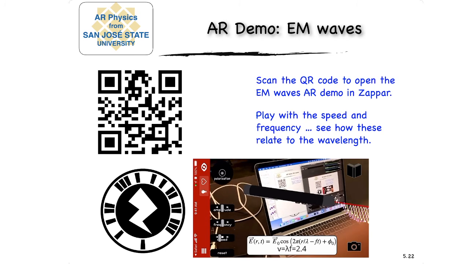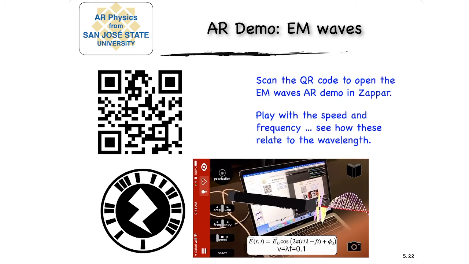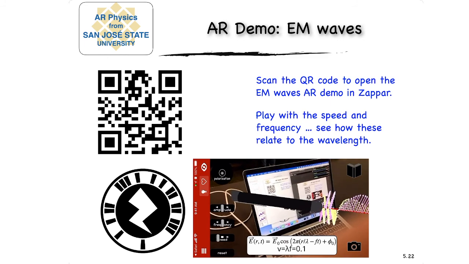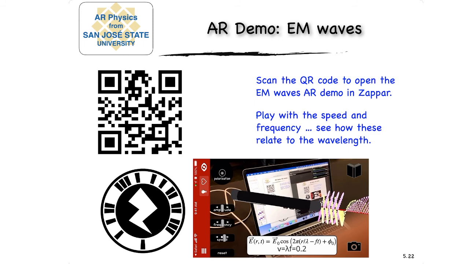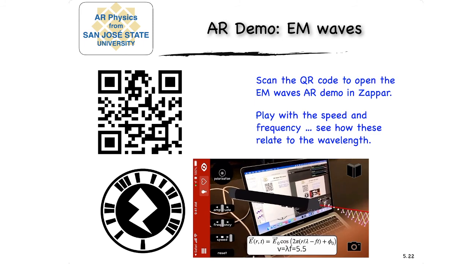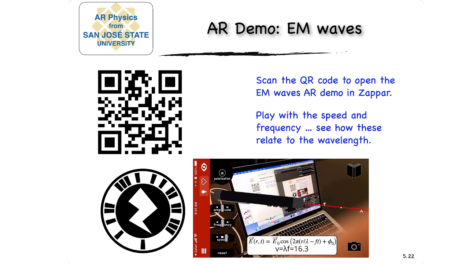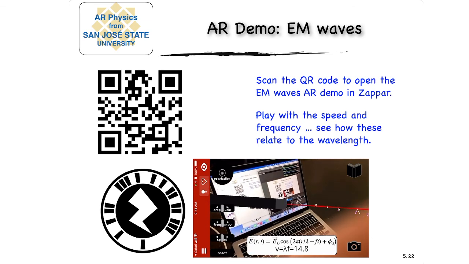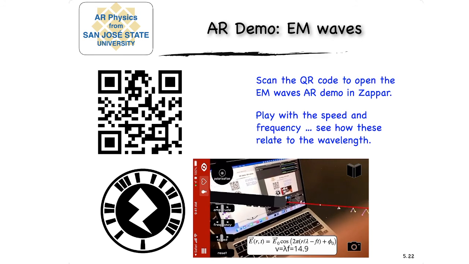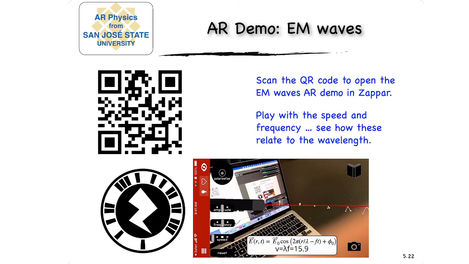How about changing the speed? Did that affect the wavelength or the frequency or both? We can see by the equation that it's related to wavelength and frequency, but if we look at the image, is the wavelength changing?